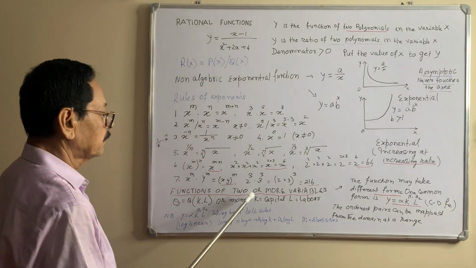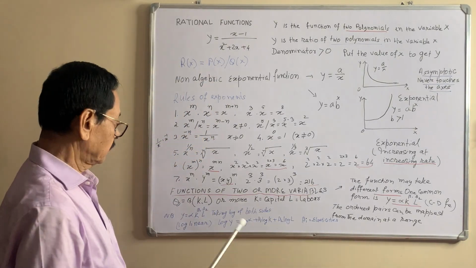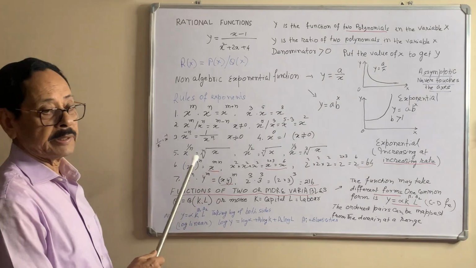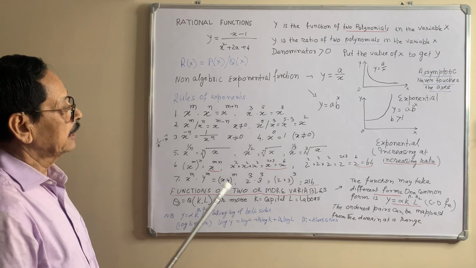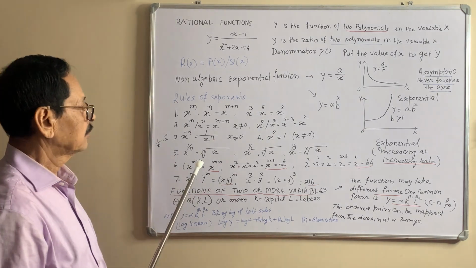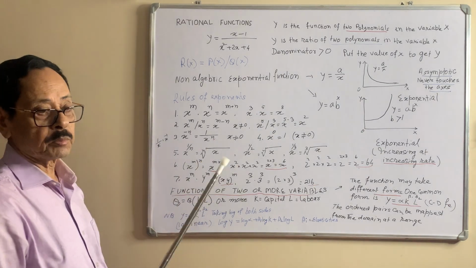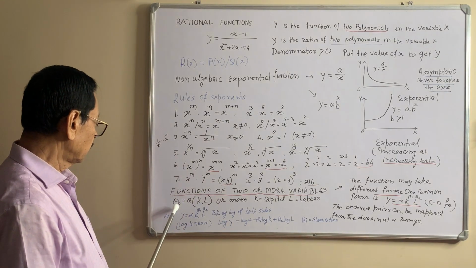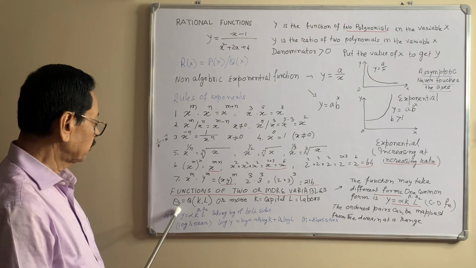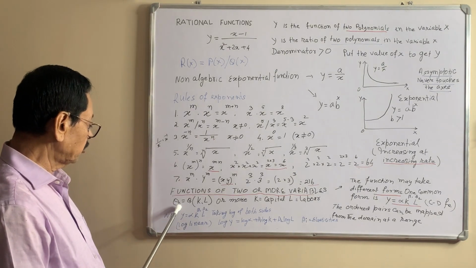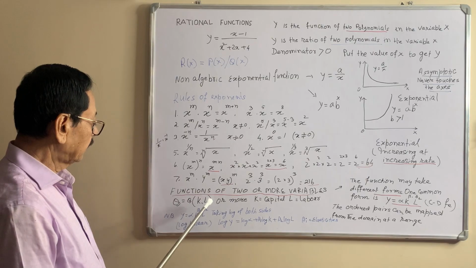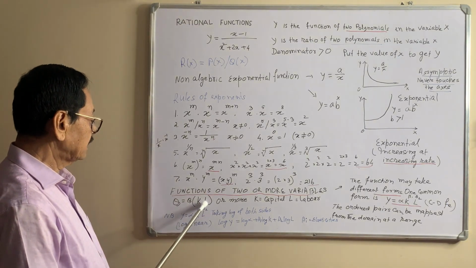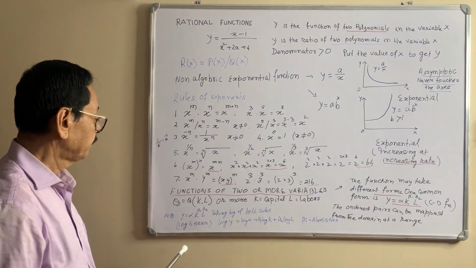Then functions of 2 or more variables. Sometimes it so happens that the dependent variable is explained or influenced by more than one variable. It is common in production. Suppose Q is the quantity produced, say a crop, quantity produced per hectare, and K is the capital used per hectare, and L is the labor units used per hectare.